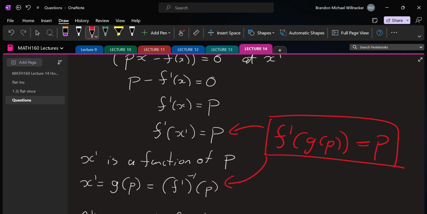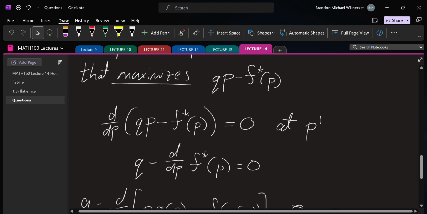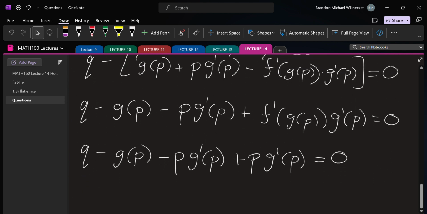Okay, so this X prime definition here, this G of P, if we substitute that back here, we get F prime G of P is P, which we needed over here, F prime there. Okay, so this F prime G of P over there, I replaced with P. Okay, does everyone see what I did with that?